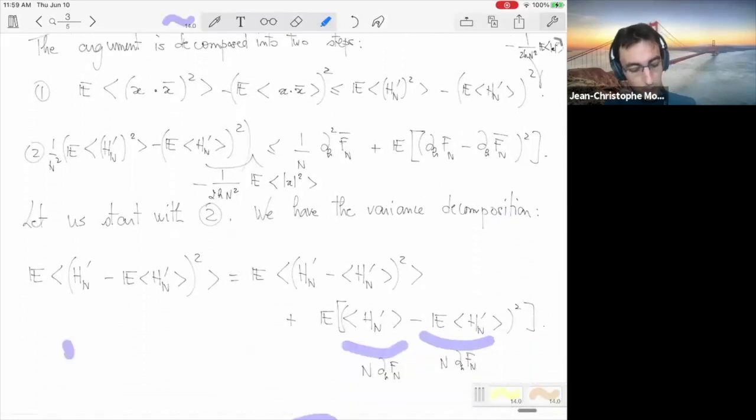This is a decomposition of the variance into two parts. And the first part, we just observe that it's the fluctuations of the derivative of fn. So it gives us one of the terms in the final result. And now we just have to deal with the second part.